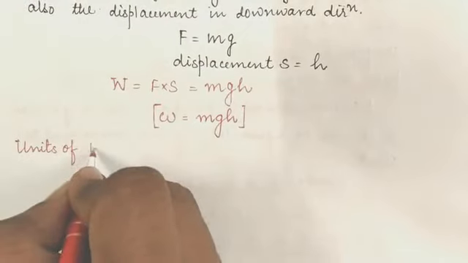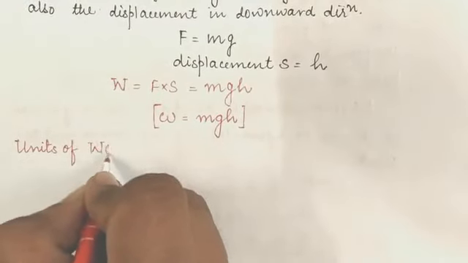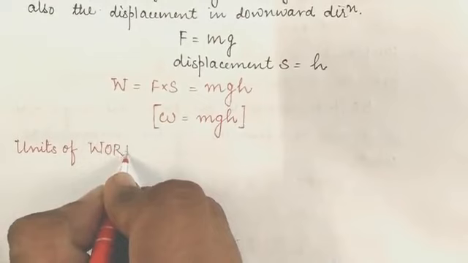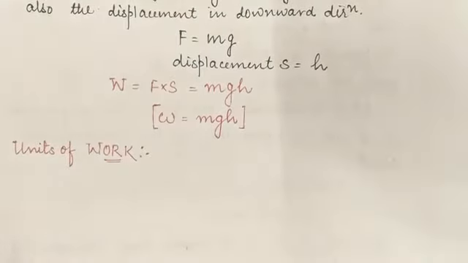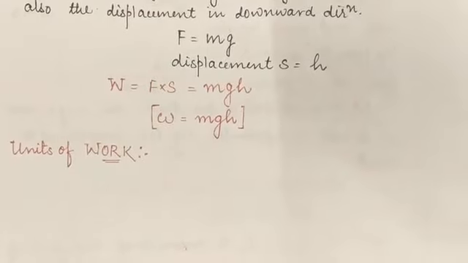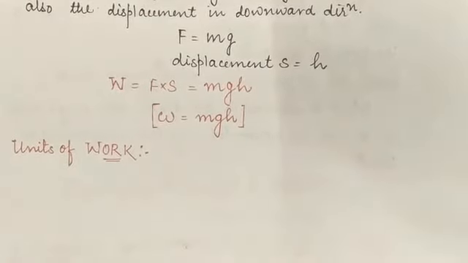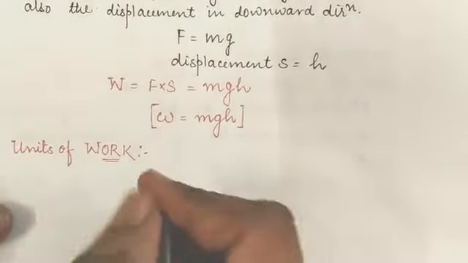Children, as we also know that work is a form of energy, so its unit may also be the joule. So the SI unit of work done is joule.